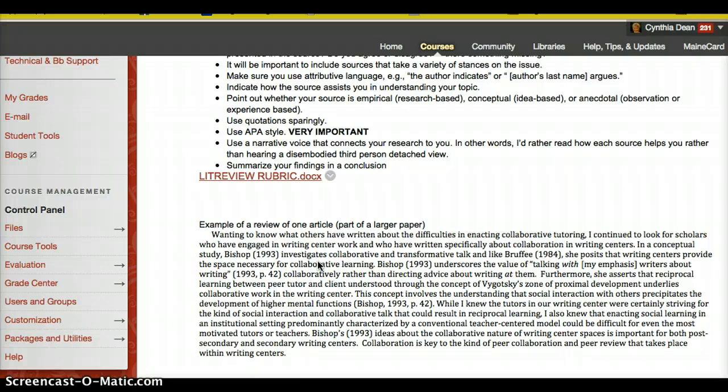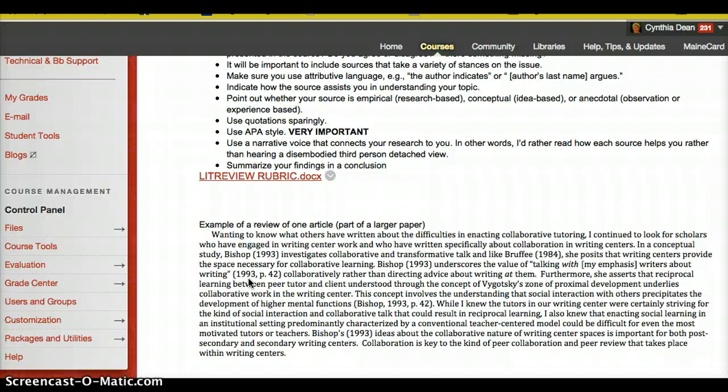So this is a paraphrase for me, okay? It's not a quotation, but it's not my idea either, so I have to make sure that I cite it with the attribution. I go on again, mentioning her name with the date, underscores the value of, and now I'm using a direct quote here, talking with writers about writing. And because I've used her name at the beginning here, I don't need to put it at the end, but I do need to put the citation here, okay?